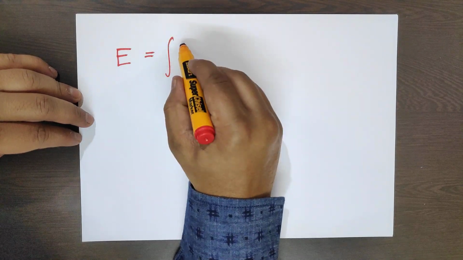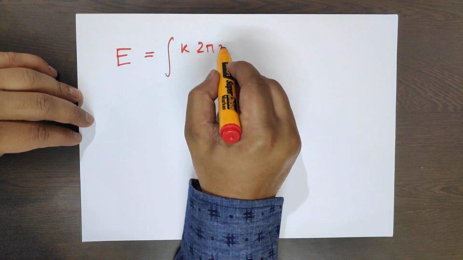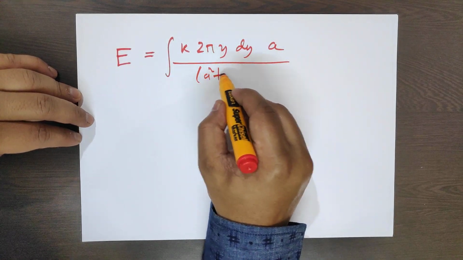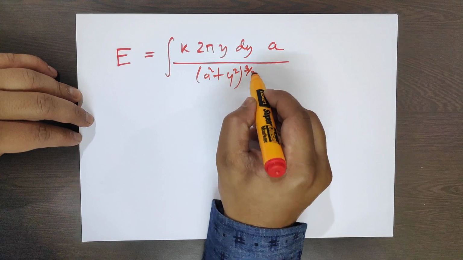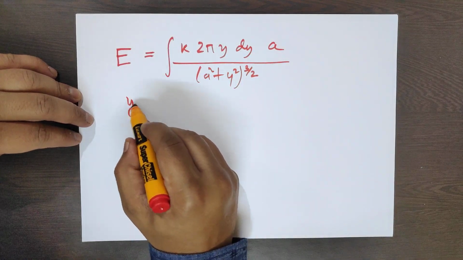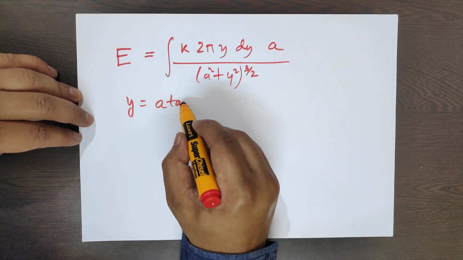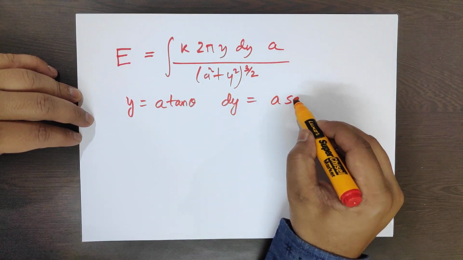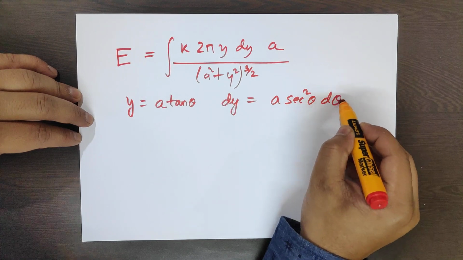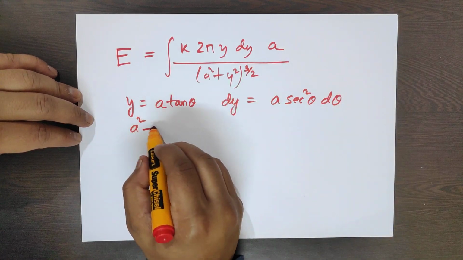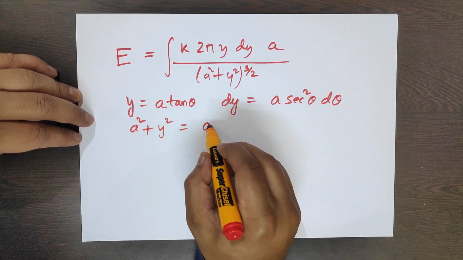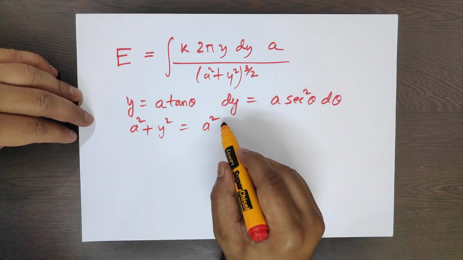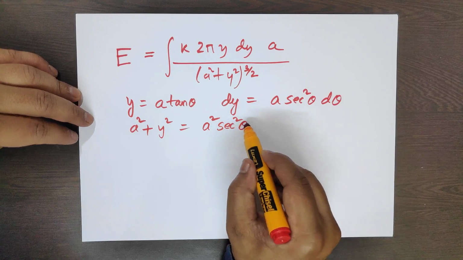So the field is the integration of k 2 pi y dy a divided by a square plus y square to the power 3 by 2. Now we can substitute y equal to a tan theta. Therefore dy equals a sec square theta d theta. Again a square plus y square equals a square plus a square tan square theta, so a square sec square theta.